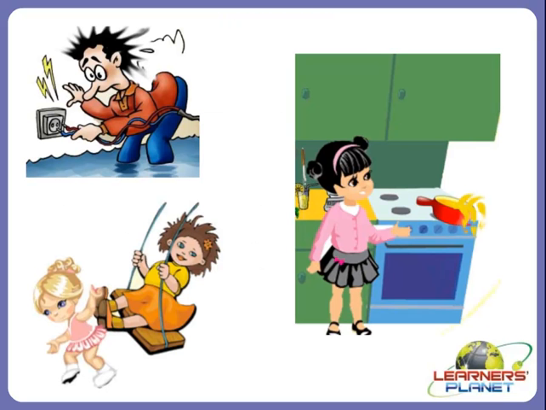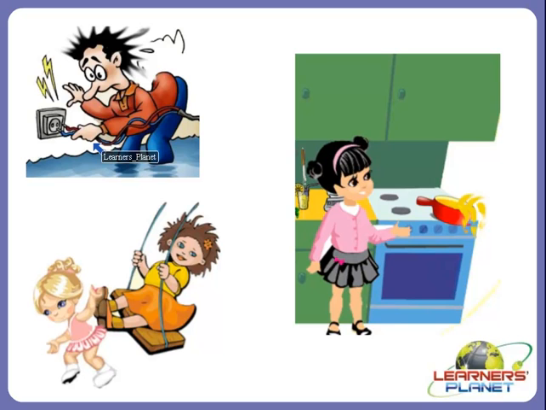These are very normal pictures which depict something. Just see the picture carefully and try to think what they are depicting. The picture shows a boy getting an electric shock because he touched the switch with wet hands.